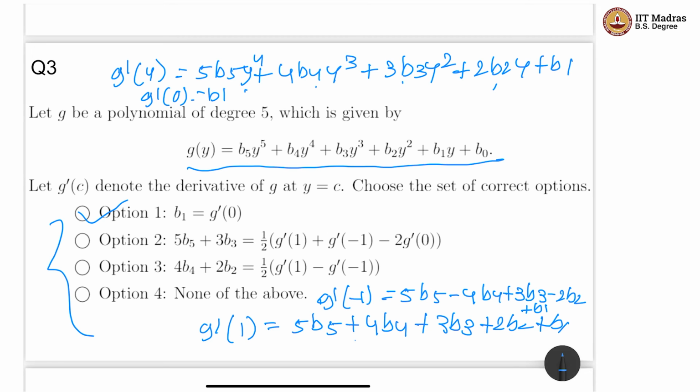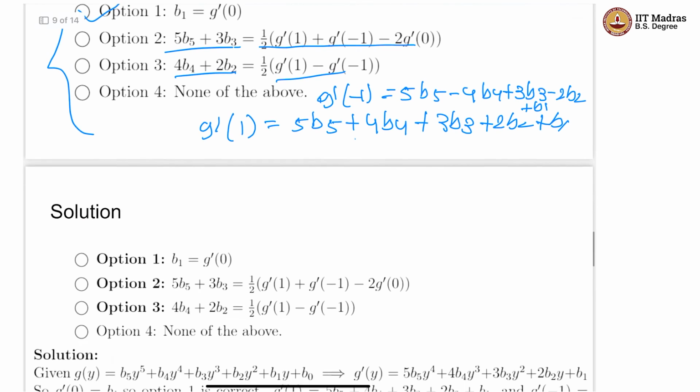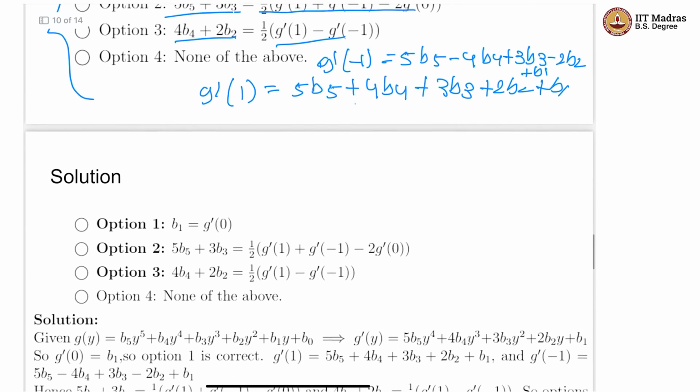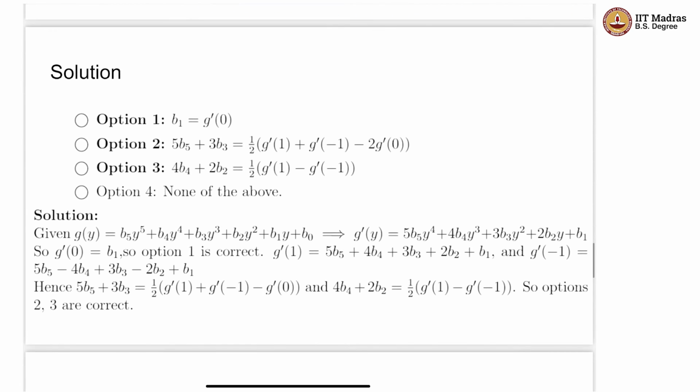Now we can just do this and we will get the answer. So this is how we can calculate g dash 1 and g dash minus 1. Then we will just put the values of g dash 1, g dash minus 1 and g dash 2 in this equation, then we will get these options. So all the three options are correct.